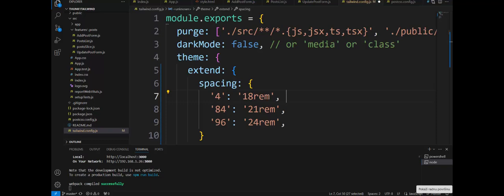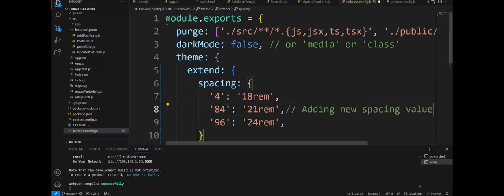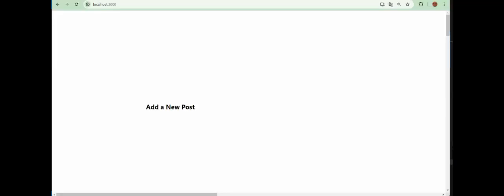New spacing is here and down, but here it is changing for global. And what now I have, look at how it is big spacing from left. It is from left.